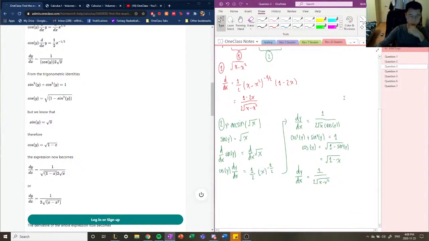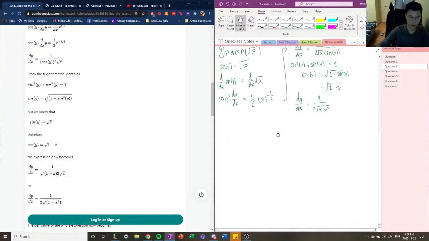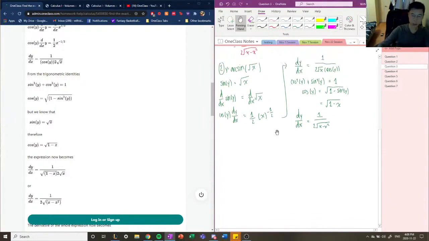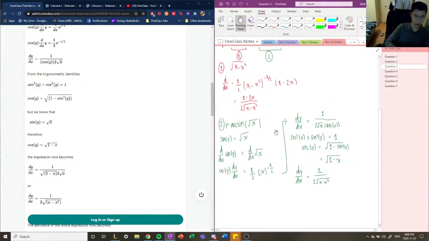So overall then, y prime of x, I guess you can say, is equal to (1 minus 2x) over 2 times root x minus x squared, plus 1 over 2 times root x minus x squared.